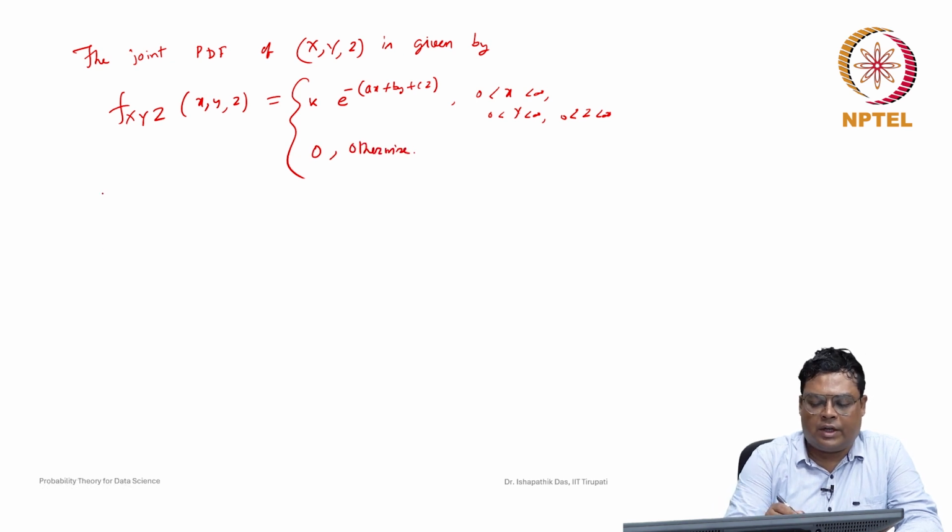Where a, b, c are constants, all greater than 0 and less than infinity, and k is also a constant.